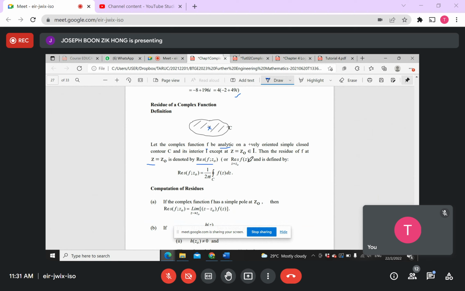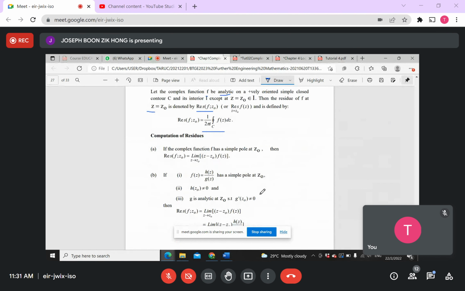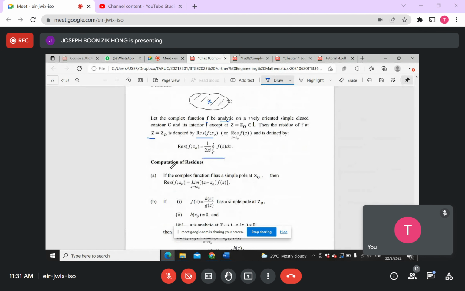So how are we going to find it? It will be the formula 1 over 2 pi i and then integrate over the closed contour, f(z) dz. Just do normal integration of f(z) dz, like just now. So this is how we find the residue.